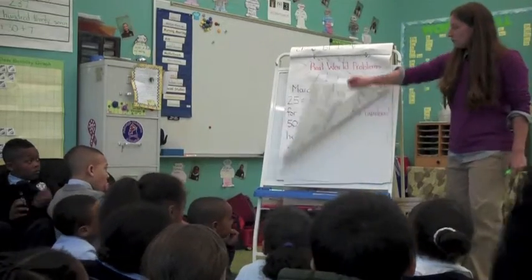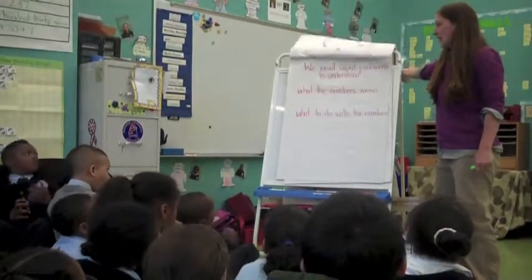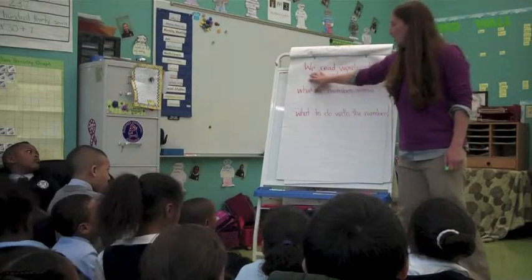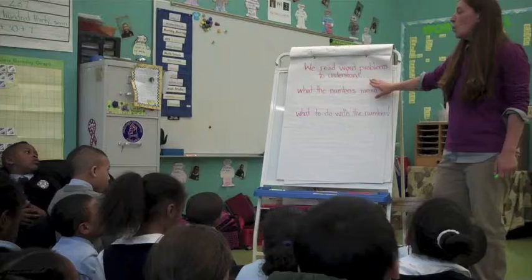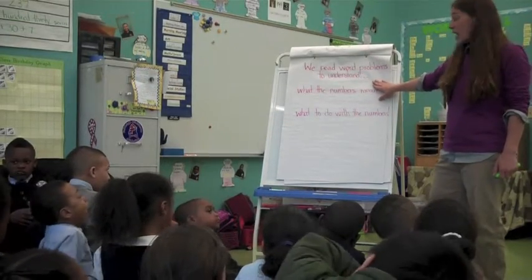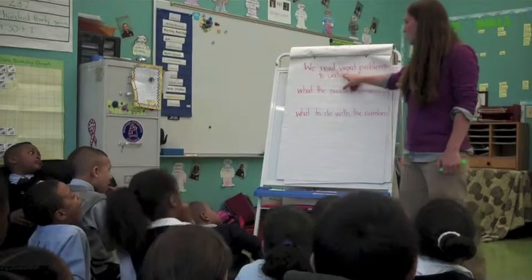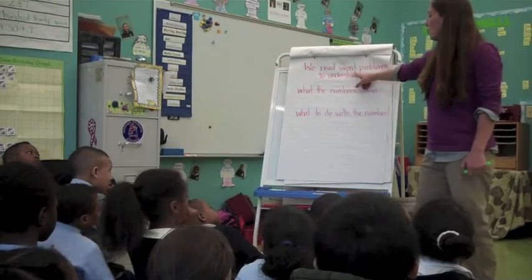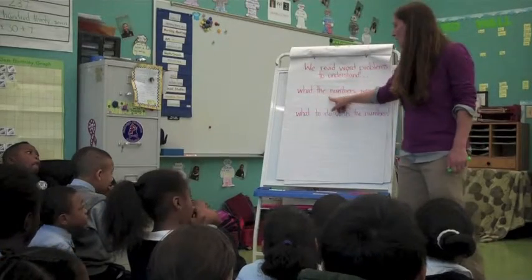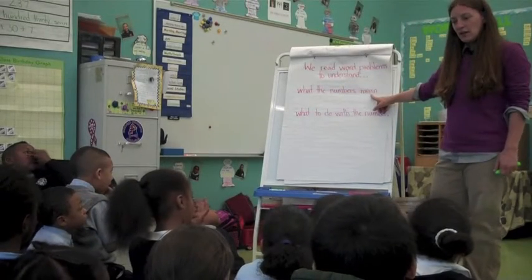Now, there are a few things that I want to do before we read that, and that is to understand why we read real world problems. So it says we read word problems to understand what the numbers mean.